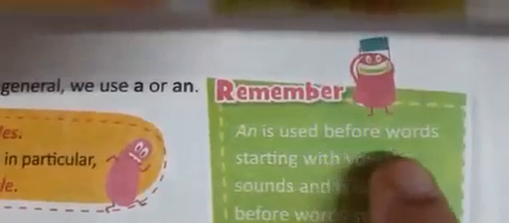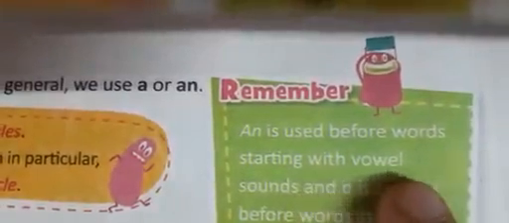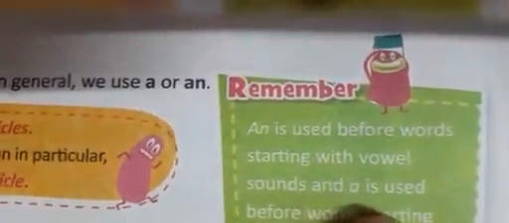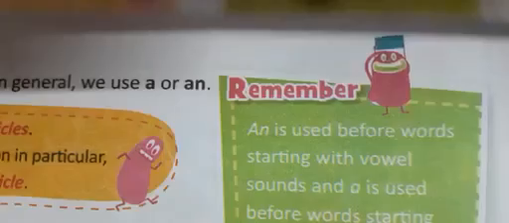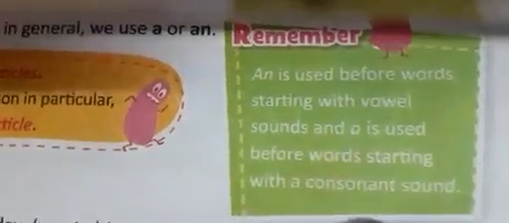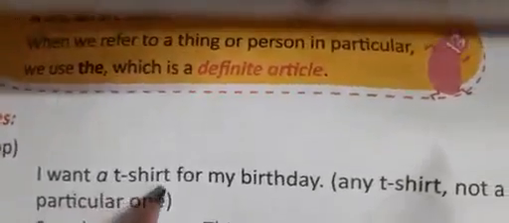An is used before words starting with vowel sounds and a is used before words starting with a consonant sound. Examples: Aman, I want a t-shirt for my birthday. Any t-shirt, not a particular one. Any t-shirt, that's why we are using a.